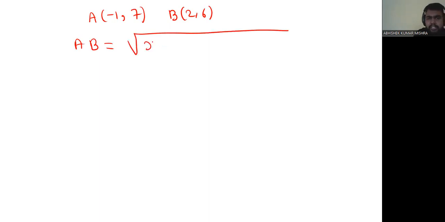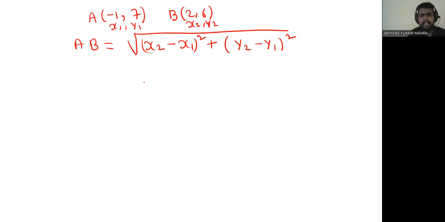So the formula is √((x2 minus x1) whole square plus (y2 minus y1) whole square). So this is your x1, this is your y1, this is your x2, this is your y2, right? You already know these basic things. So now you are just going to solve for this. So x2 minus x1.